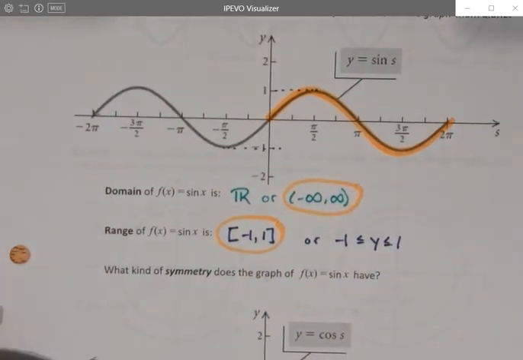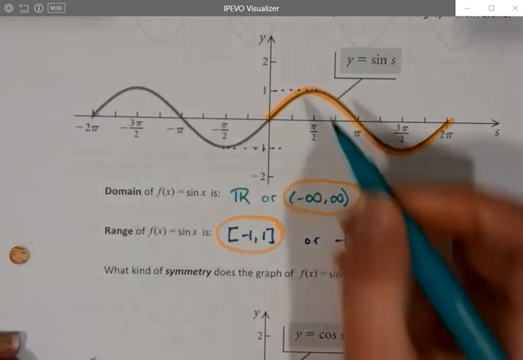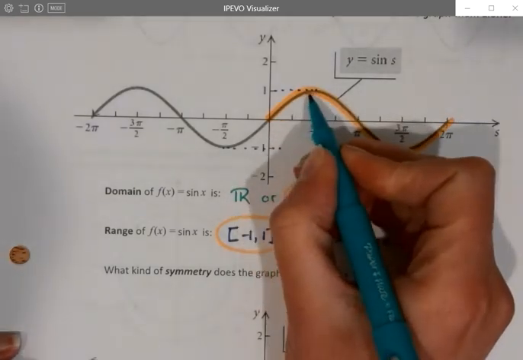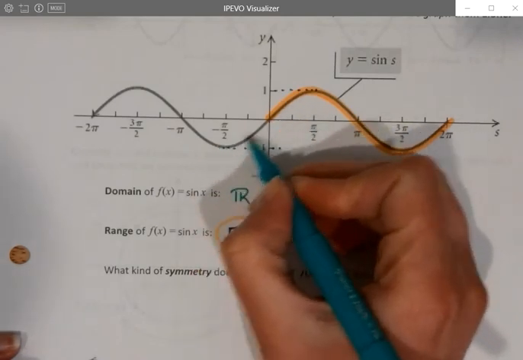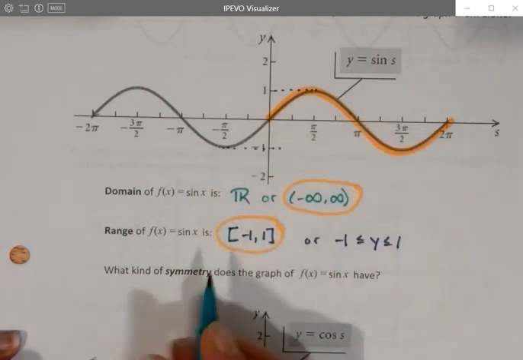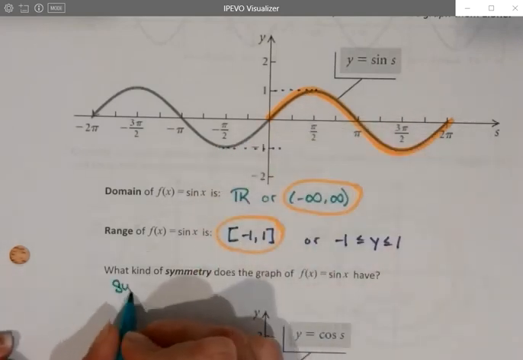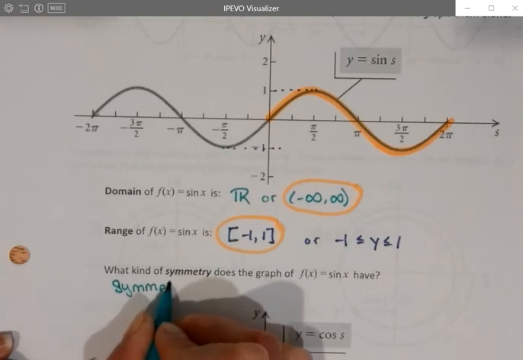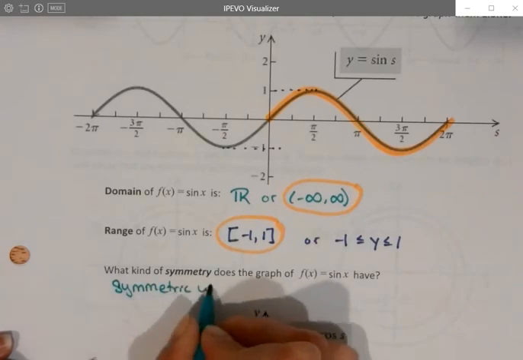What kind of symmetry does the graph of sine of x have? Ooh, we haven't talked about graphical symmetry in a little bit. It has the kind of symmetry where you go from quadrant 1 to quadrant 2. It's mirrored across the origin, so it is symmetric with respect to the origin.